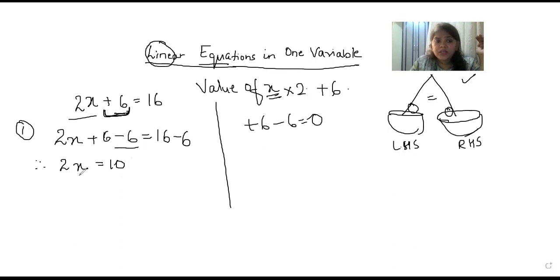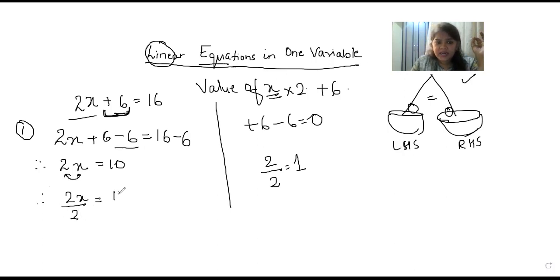Now the x is multiplied by 2. So now if I want to remove the 2, I have to divide by 2, because 2 divided by 2 gives me 1. So now I am going to divide by 2 on the left hand side. Therefore, 2x divided by 2 is equal to, my rule, whatever I do on the left hand side, I need to do it on the right hand side.